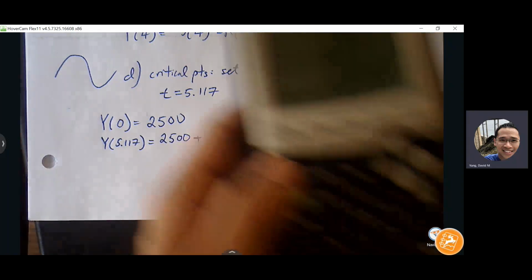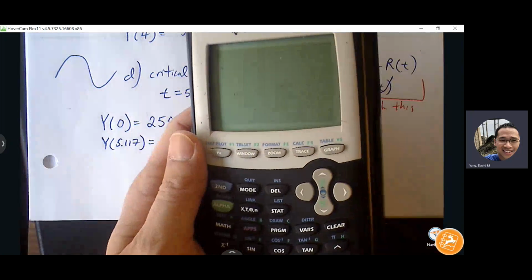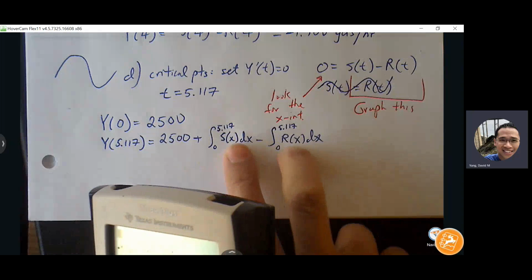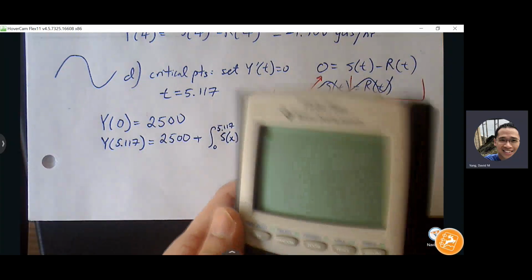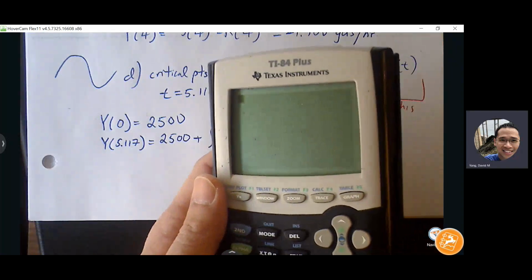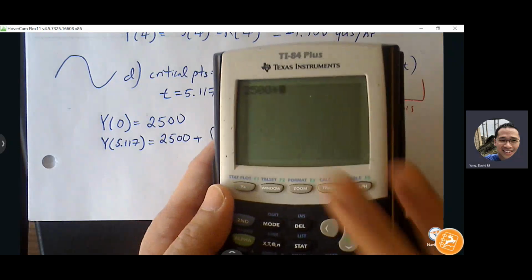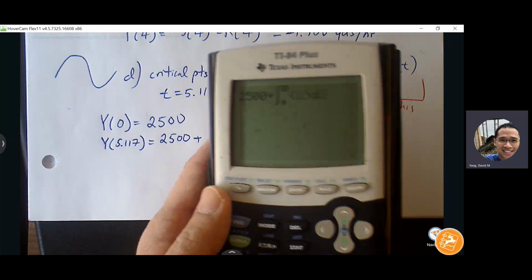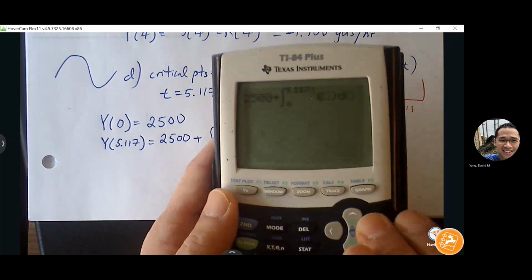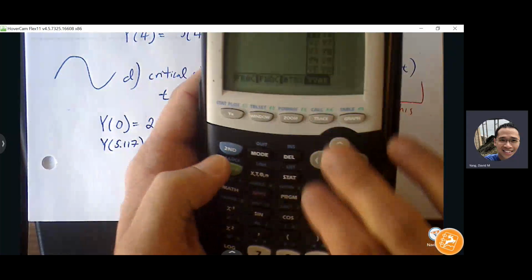All right. So I'll go to my home screen here. It's nice to have my S of X and R of X all stored under Y1 and Y2, so I don't have to keep typing everything in from scratch. So I'll say 2,500 plus math 9, 0 to 5.117. I have my Y2 holding my S of X. So alpha trace Y equal Y1.